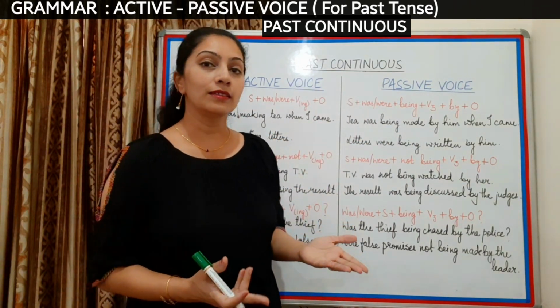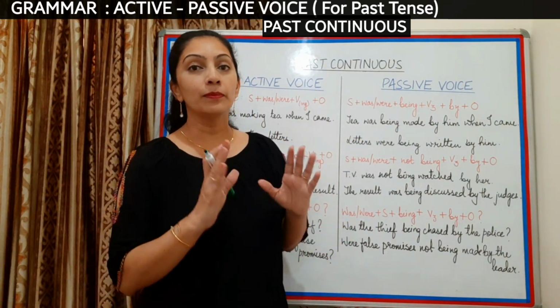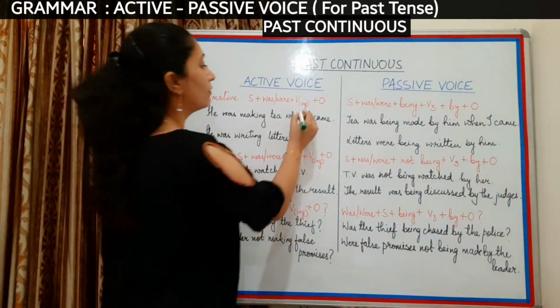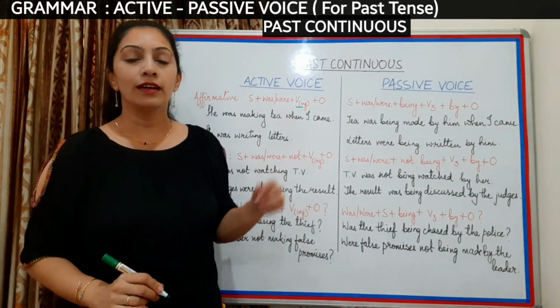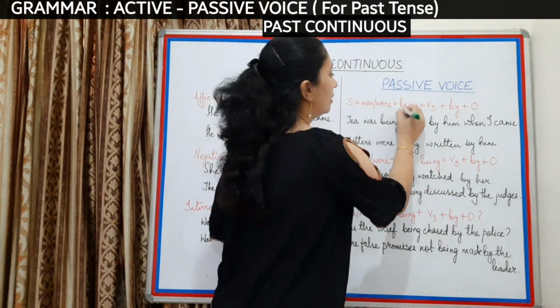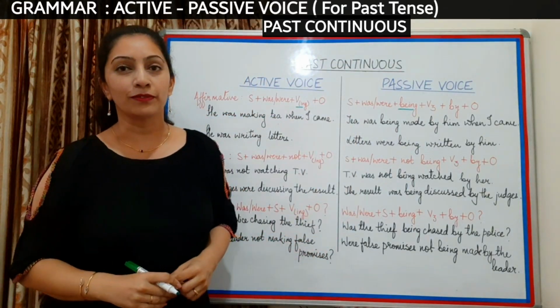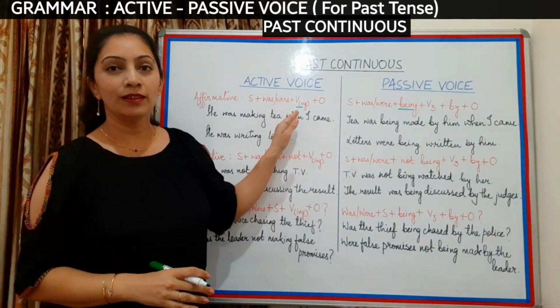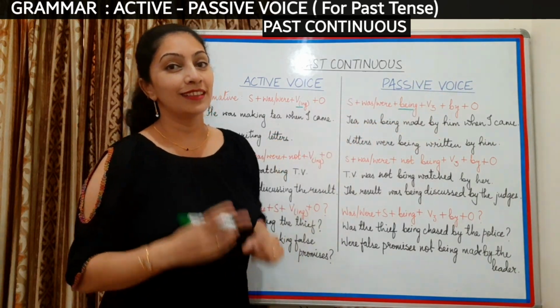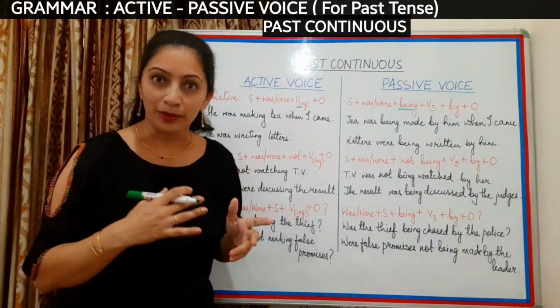Like we discussed earlier during present tenses also, continuous tenses which have ing have a very good hint of adding the word being in the passive. So ing of the verb will correspond to being in passive. That's another way to remember.